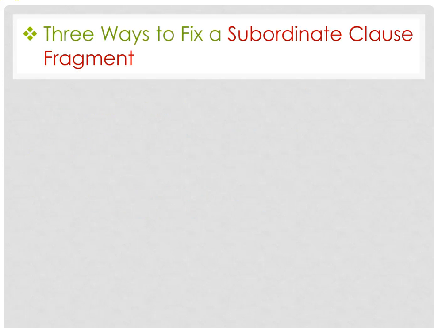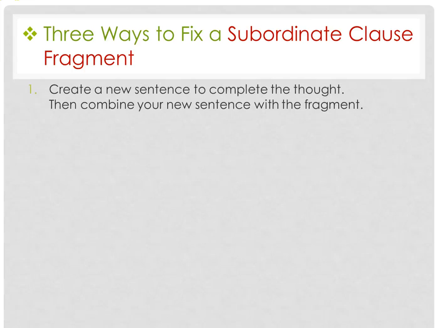Again, there are 3 ways to fix a subordinate clause, and you'll notice that they're very similar and that they closely parallel how to fix phrase fragments. The first method is to create a new sentence to complete the thought. Then combine your new sentence with a fragment. So because I was up until 3 a.m., you recognize this subordinate clause fragment from the previous slides.